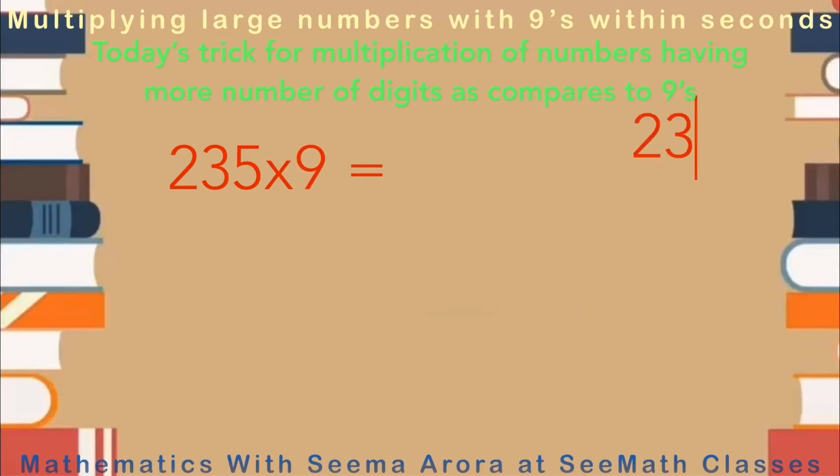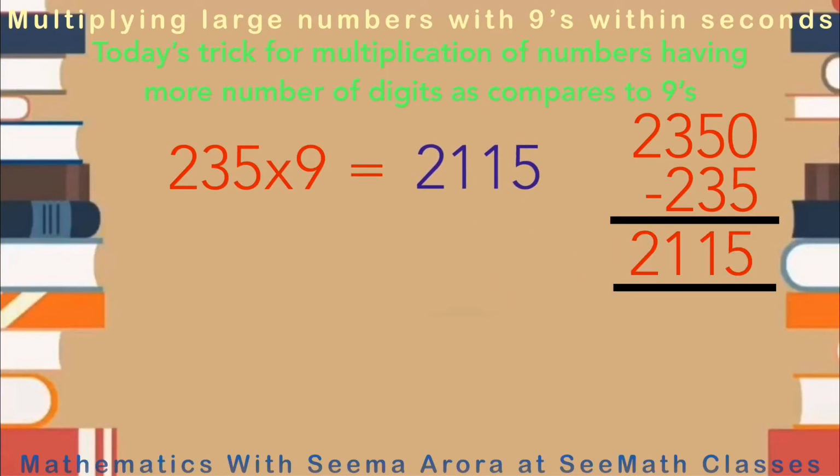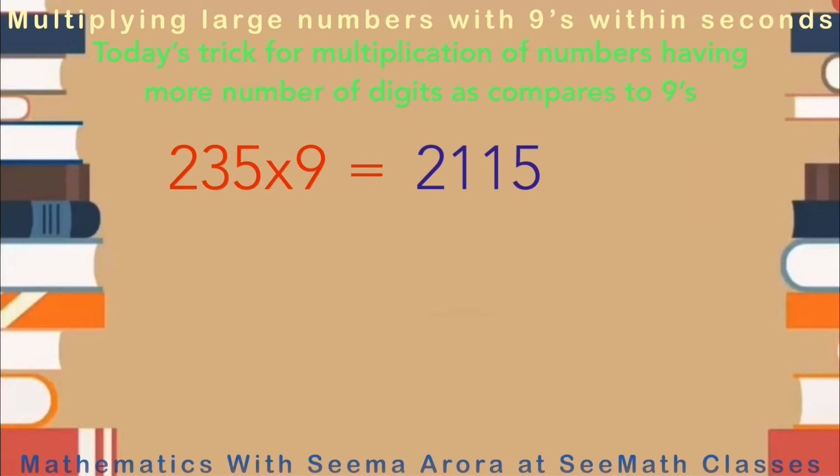Therefore we write 2350 and subtract the multiplicand from this number, and we get 2115 as the answer. This is a one step subtraction, and subtraction is easier to do as compared to multiplication.